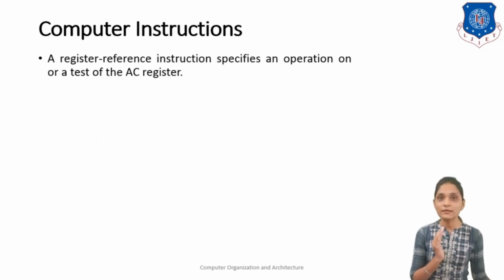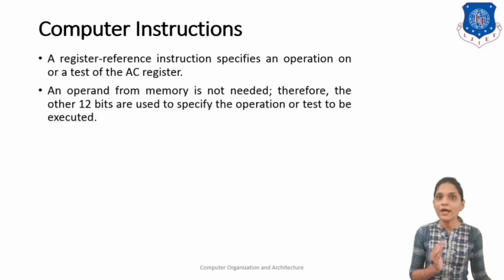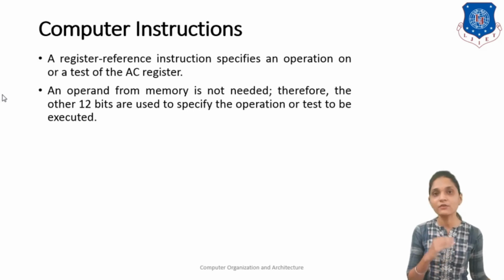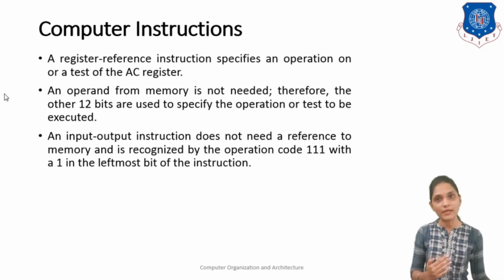And the register reference instruction specifies an operation or a test on the accumulator register. An operand from the memory is not needed, therefore the other 12 bits are used to specify the operation or test for the execution, as we have discussed, and depending upon that we have a total of 12 instructions.